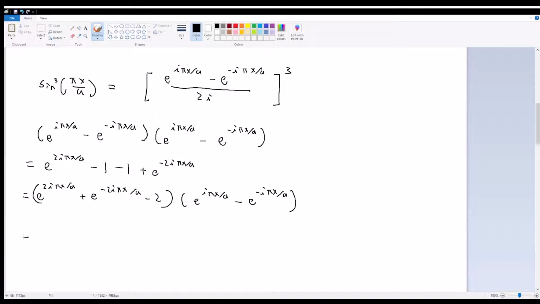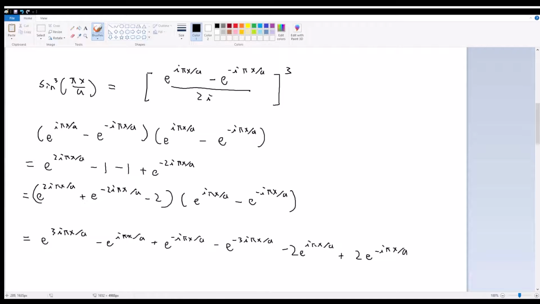This is going to give me e to the 3i pi x over a, minus e to the i pi x over a, plus e to the negative i pi x over a, and then subtracted by e to the negative 3i pi x over a, and then finally minus 2e to the i pi x over a plus 2e to the negative i pi x over a.